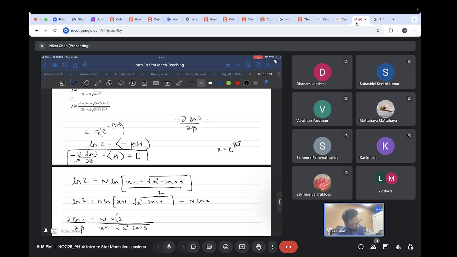I'm differentiating the term inside: 1 minus 1 divided by 2 square root of x square minus 2x plus 5, multiplied by 2x minus 2. And this whole will be multiplied by dx by d beta.